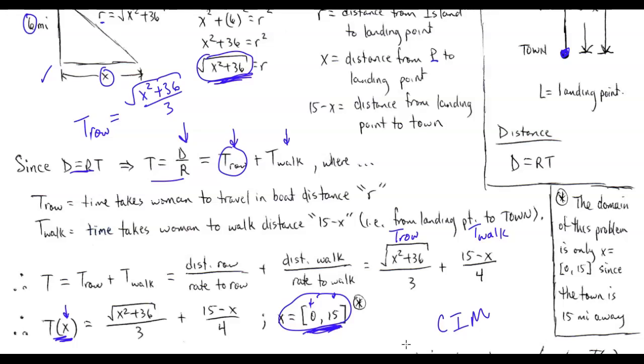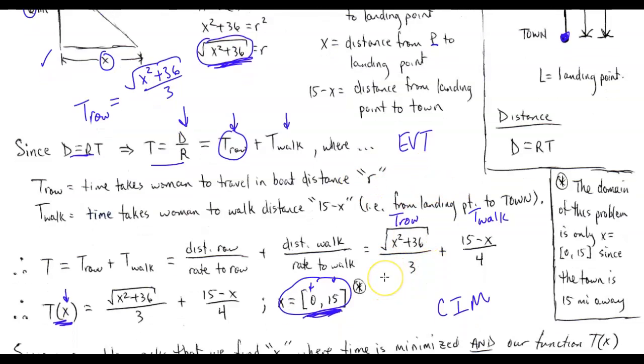And so we can only do this whenever we have a situation where we have a continuous function over a closed interval, okay? AKA the extreme value theorem. Whenever we have a continuous function over a closed interval, we're guaranteed to have at least one global max and at least one global min, okay? And so that's essentially what we're going to be using here.